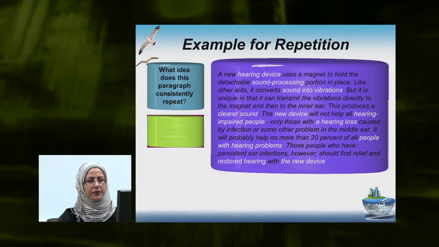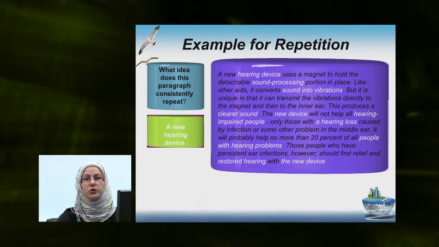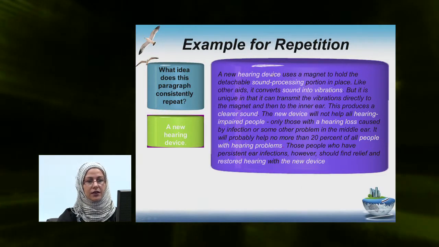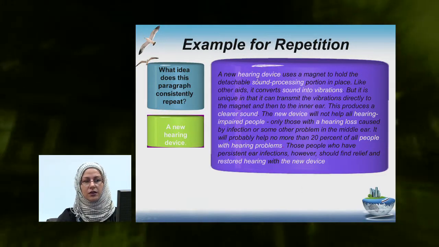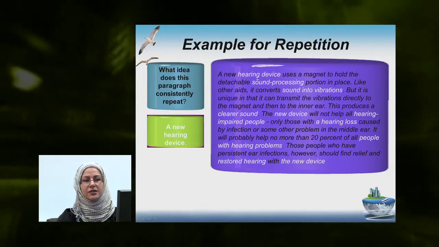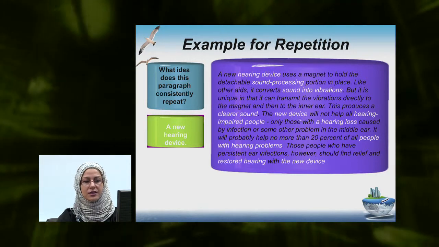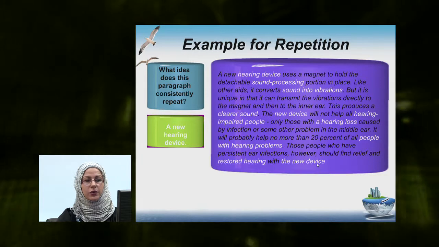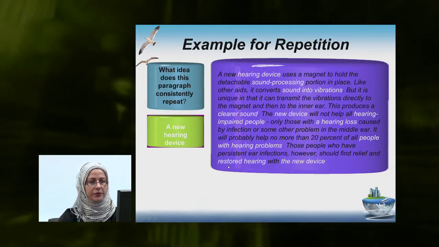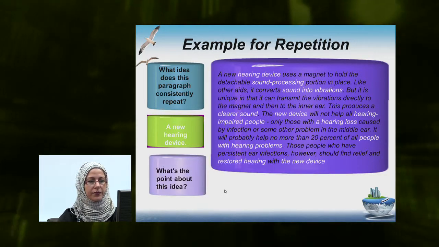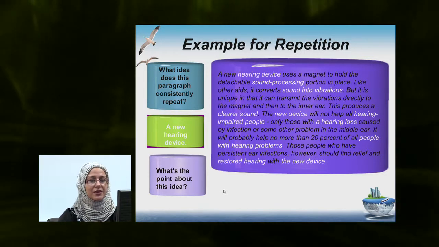What idea does this paragraph consistently repeat? A new hearing device. Notice, this phrase has been repeated at least 3 times in this listening. What's the point about this idea?